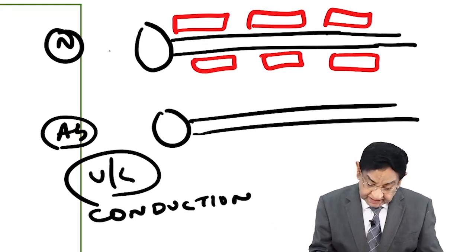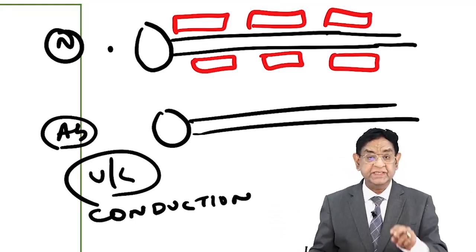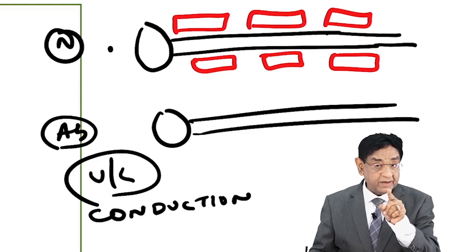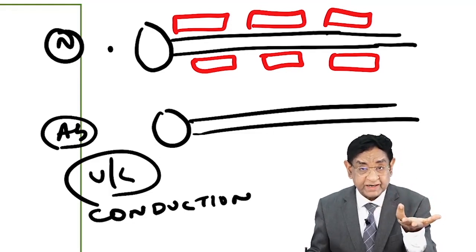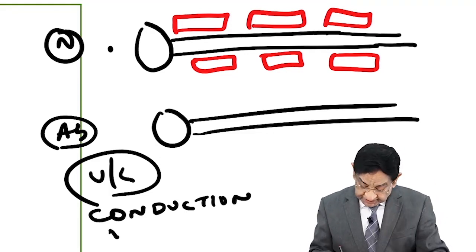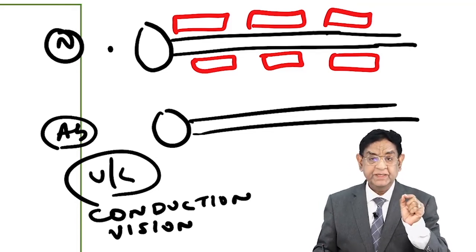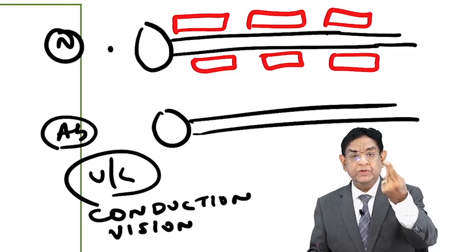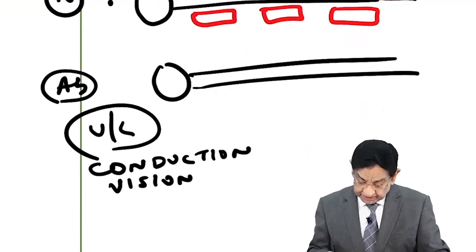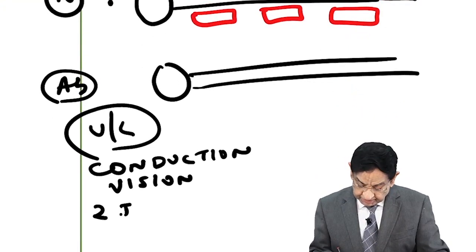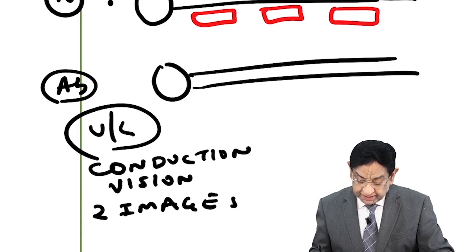But in this eye, the conduction velocity is the same, normal. What will this affect? This will affect the vision. Vision will be disturbed. The patient will be getting two images. Write down: the patient will be getting two images. Why? What do you mean by two images?